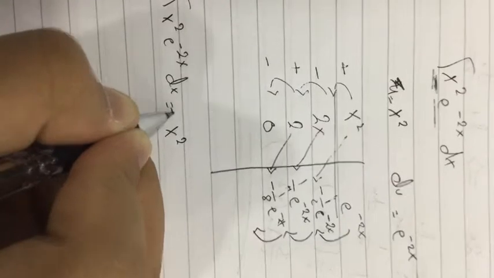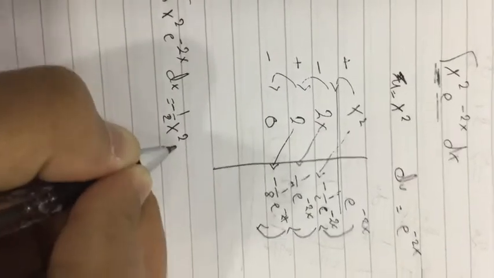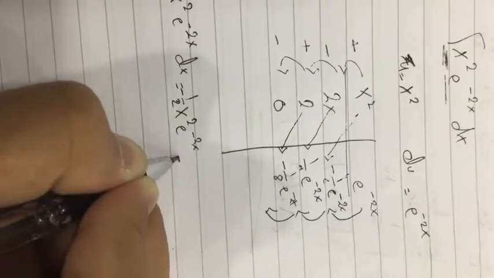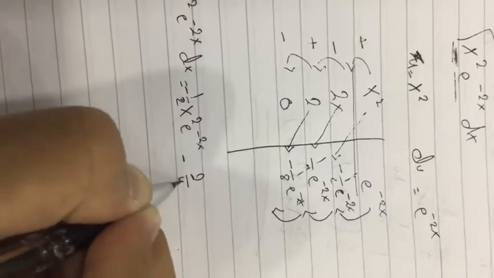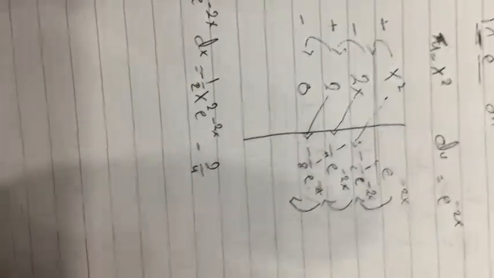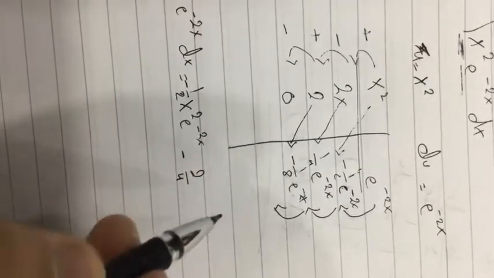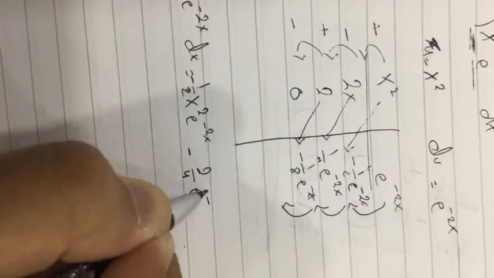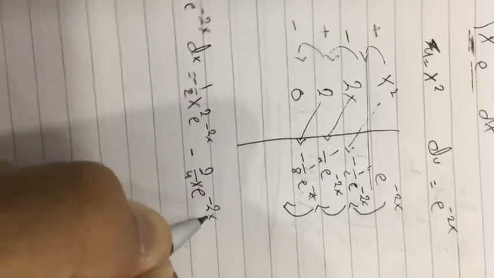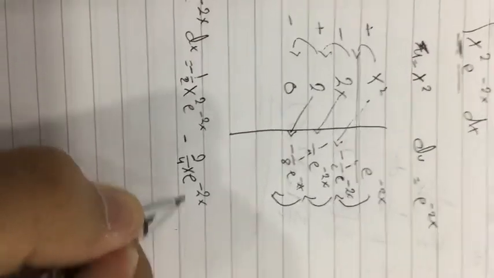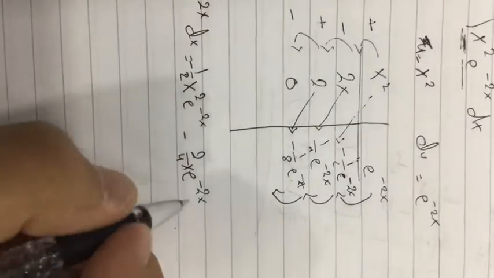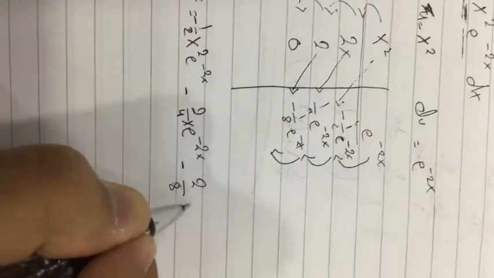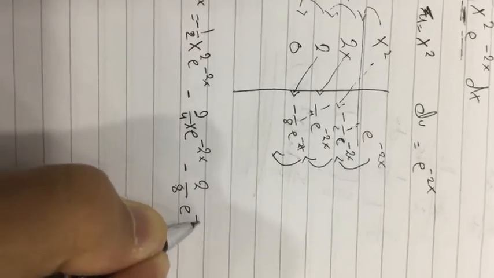Here we will have minus half exponential 2x, minus 2/4, minus 2/4 x e to x, and here then we have a plus, but here is negative, so we do negative 2/8 e to x.